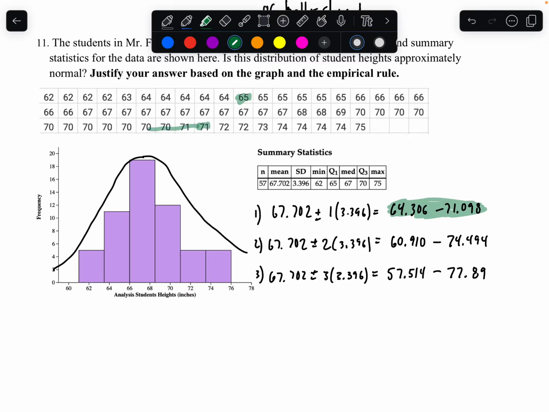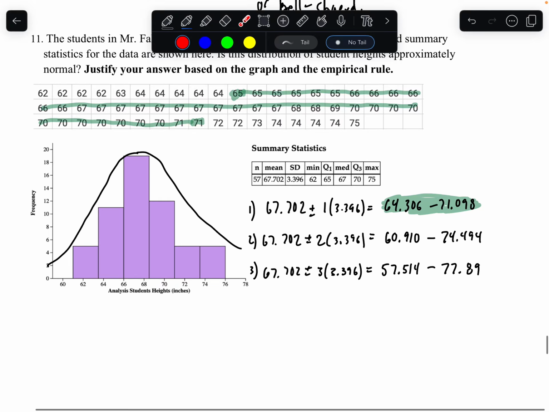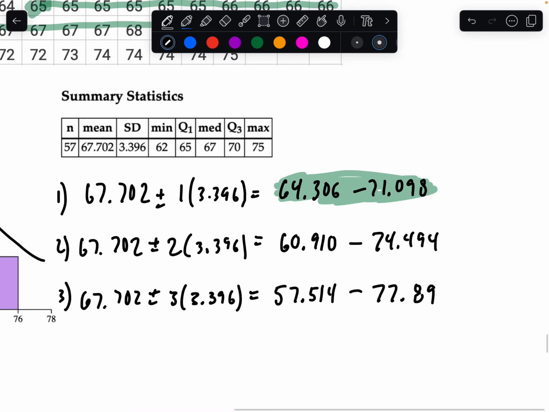So I'm going to count all these students here, or it's going to be easier for me: I got 57 total, so I know there's, let's see, 8 here that are not, and then 10 here, so that'd be 18 out of the 57, so 39 that are within. So 39 out of 57 fall within that window.